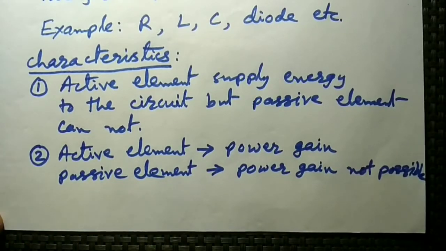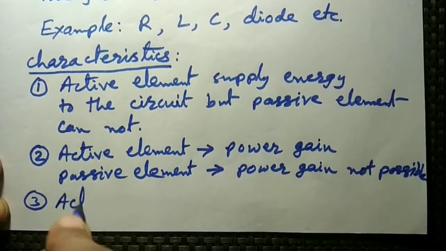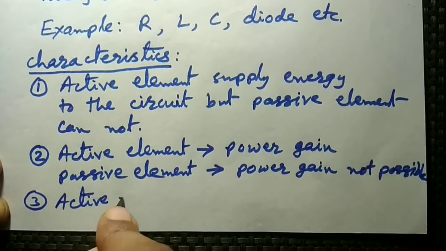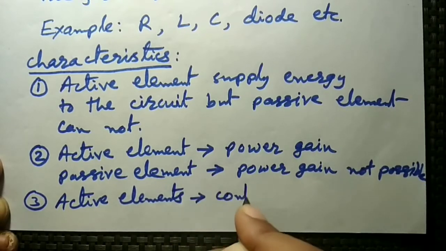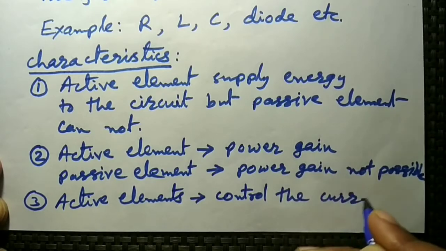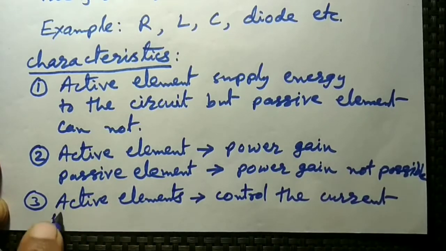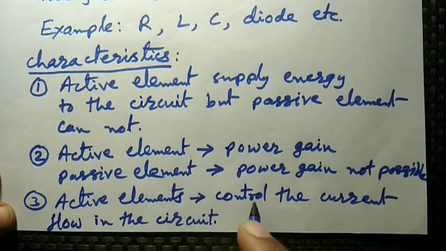The third point is that the active devices can control the current flow within the circuit, whereas the passive devices cannot control it. So the active devices or elements can control the current flow in the circuit, whereas the passive element cannot.